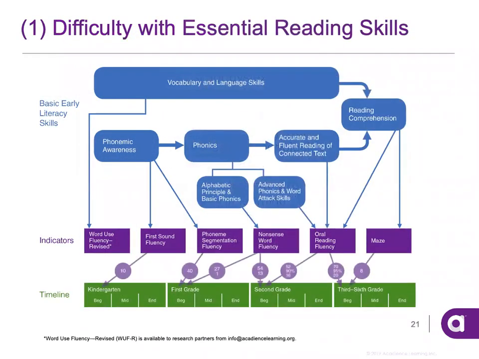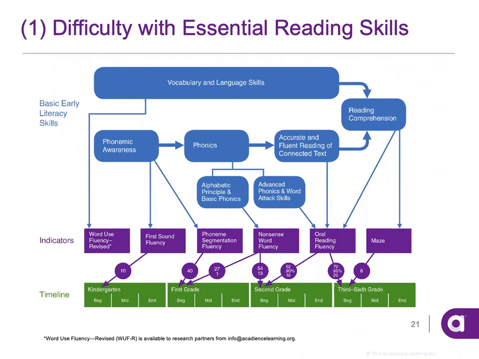When you're using Acadience Reading, you are screening on essential reading skills like phonemic awareness, letter sound, blending letter sound, reading text accurately and automatically, depending on the grade level that you're considering. These are essential indicators.